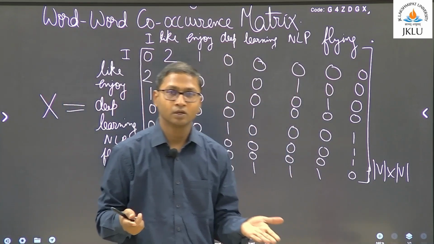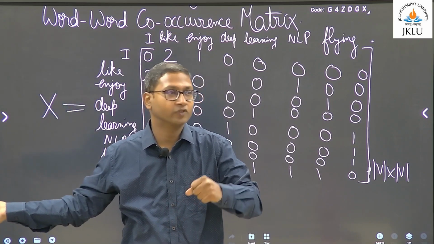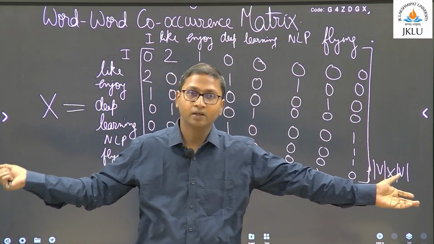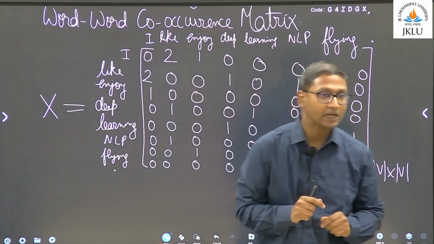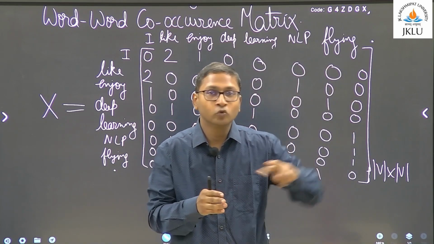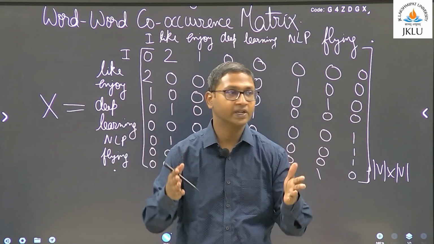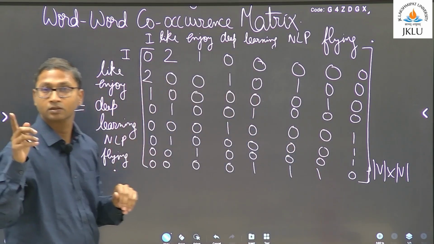Why? Because for every center word you are taking an equal number of words this side and equal number of words this side. But if you alter this, let's say my window is the center word and 2 words to the right of it, then will it be symmetric? No.